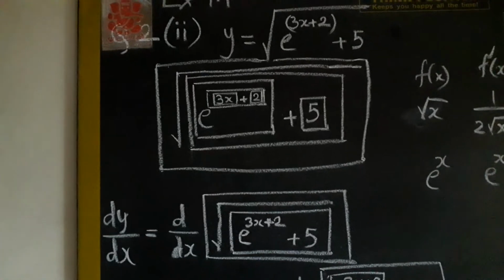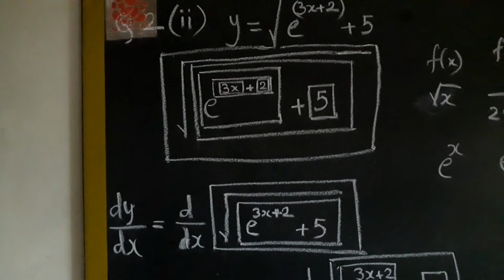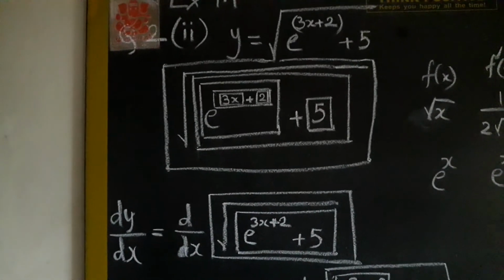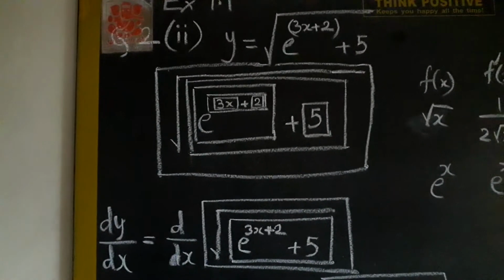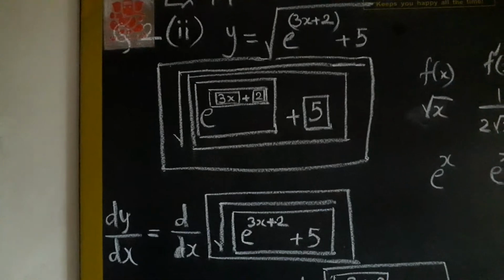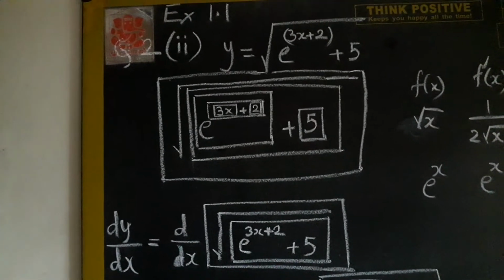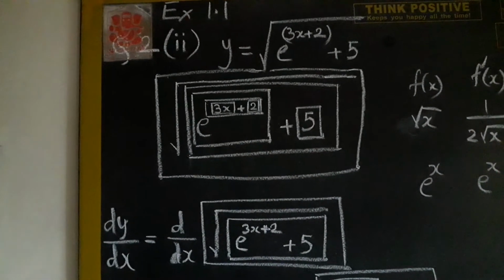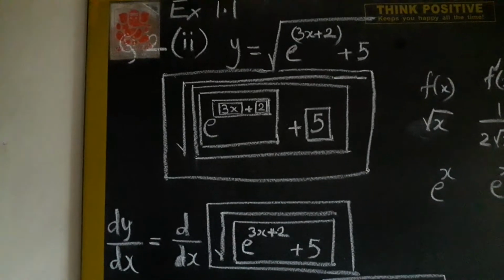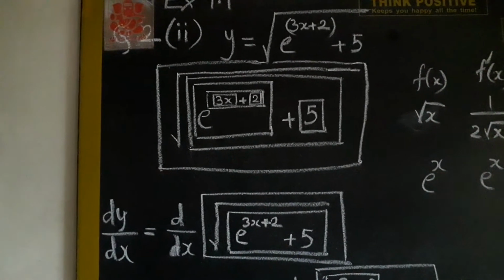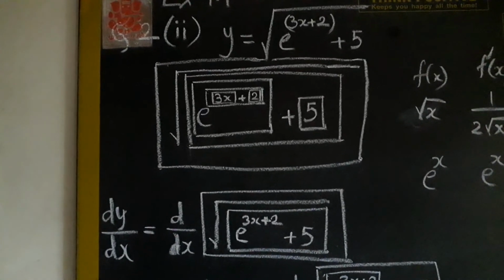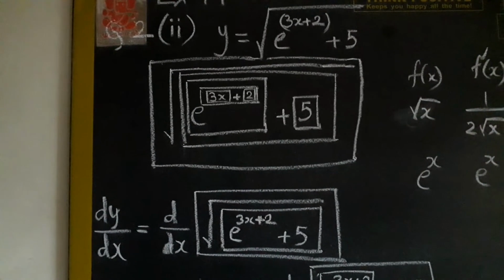When we say something, the whole raised to, that also indicates a composite function. So this is how we start with the outermost box. We are going to open it, which means we will find the derivative of the outermost box. When I open the outermost box, what I see inside is the square root sign.